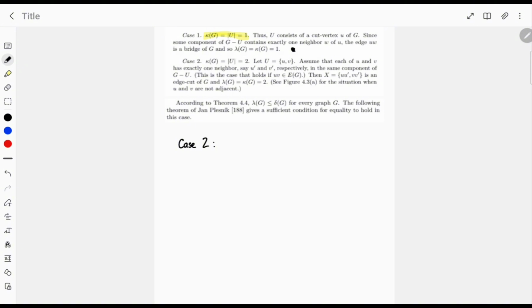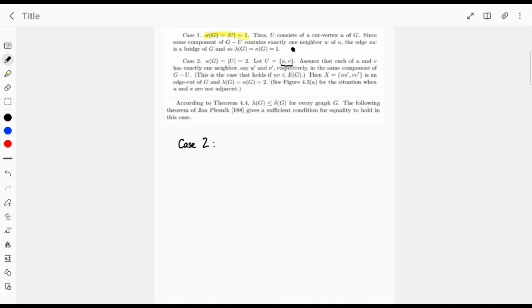If we have case 2, κ(G) is equal to the cardinality of U, equal to 2. So let U equal to the set {u, v}. These are the vertices that we need to remove to make a disconnected cubic graph.